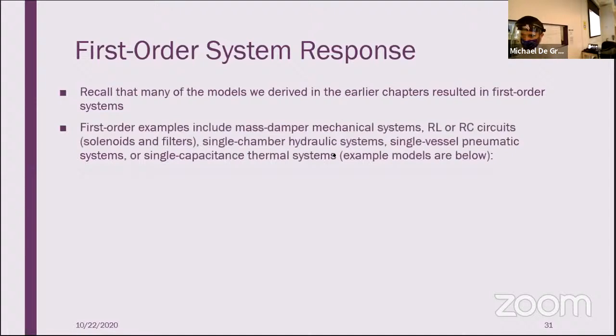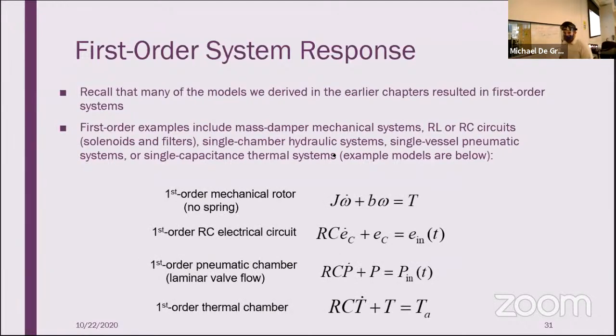Including mass damper mechanical systems, RL or RC circuits, single chamber hydraulic systems, single vessel pneumatic systems, or single capacitance thermal systems, right? Like these. If we did these models out, we would get equations that look like this.